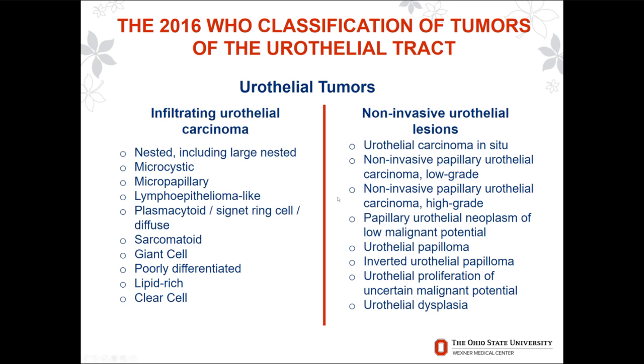If you look at the non-invasive ones, we have the carcinoma in situ and the low-grade and the high-grade papillary carcinomas. And then we have papillary urothelial neoplasm of low malignant potential, this is the category that I rarely use in my practice. But then you have urothelial papilloma and inverted urothelial papillomas.